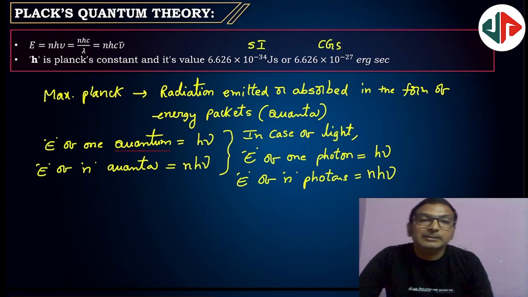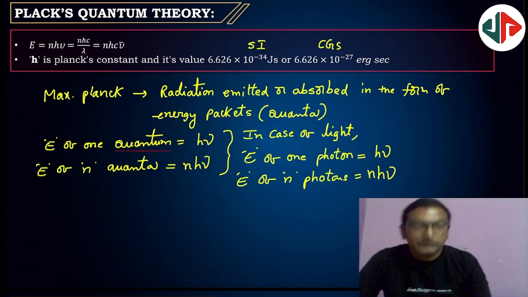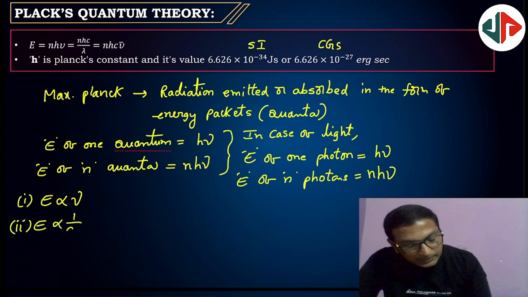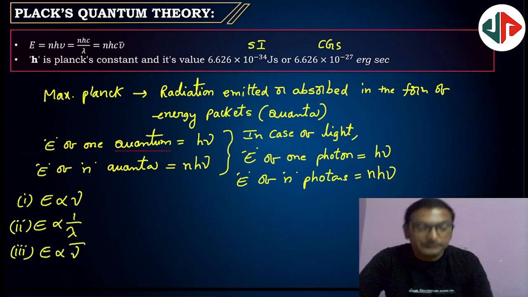Anyone we can take based on options. Next here, energy of radiation directly proportional to frequency. Already I have given these relations. Next, energy inversely proportional to wavelength and energy directly proportional to wave number. Remember this.